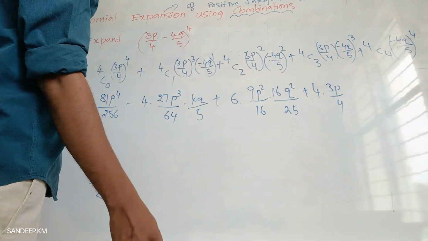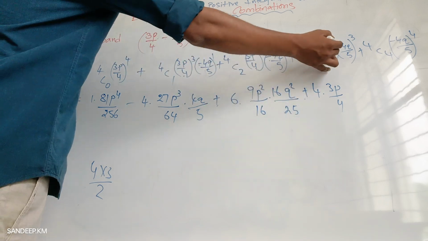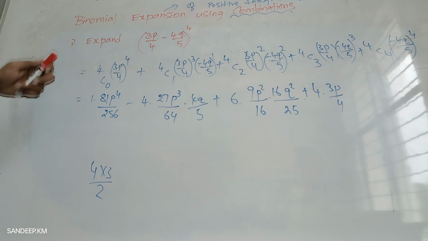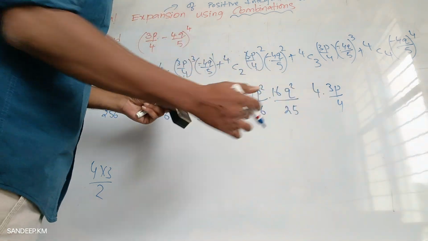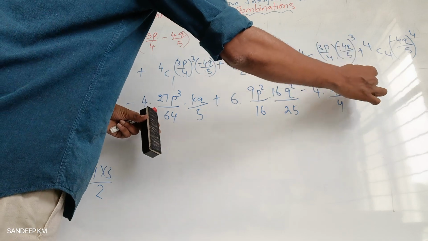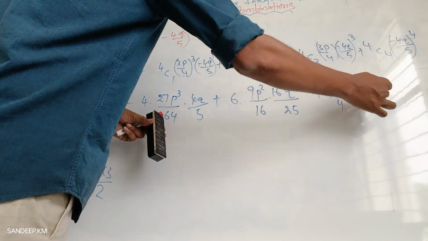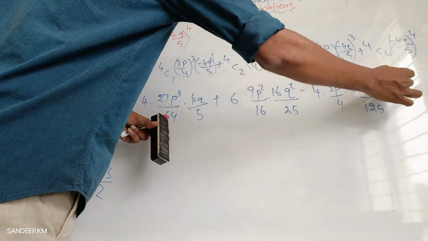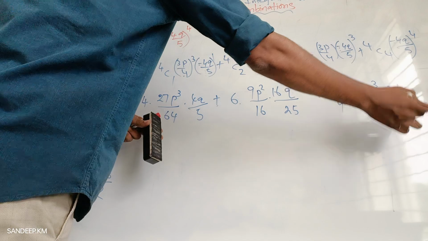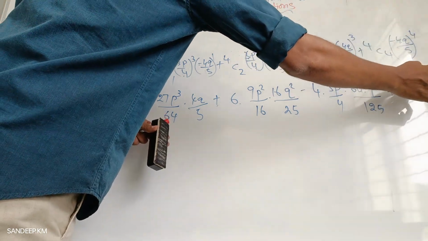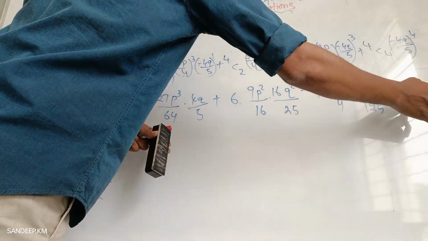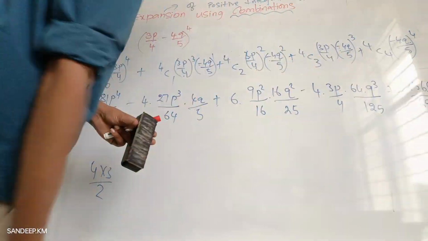I have to tell you one thing. Let us decide the sign first. Minus cube is minus, so minus into plus will be minus. You will get minus sign here. So 3p by 4 into 4 cube will be 64 into q cube divided by 5 cube is 125, and then minus power 4 is plus, 4C4 is 1, 4 power 4 is 256 into q power 4 whole divided by 5 power 4 will be 625.